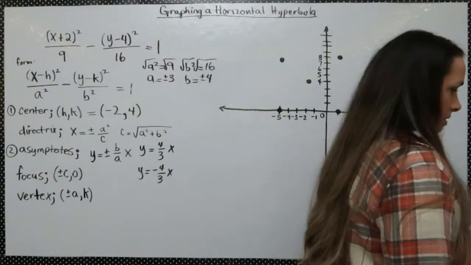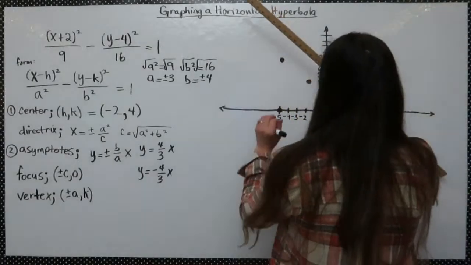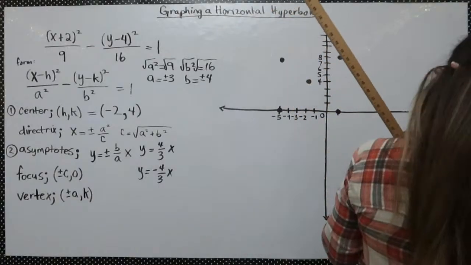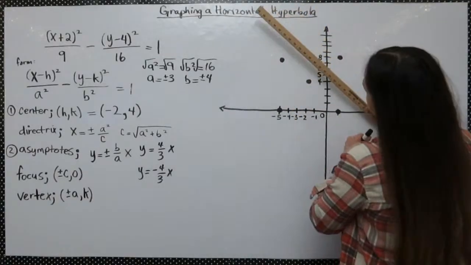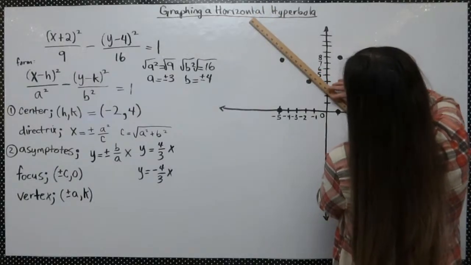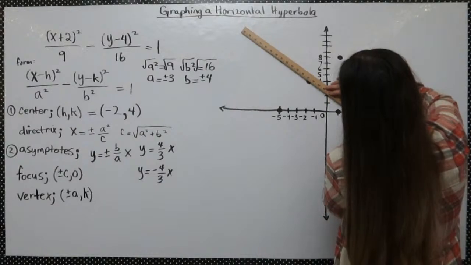Okay, so let's go ahead and see what it looks like. Me sketching a graph on live television that I've never done before, but at least it's not TV, it's just YouTube, but still. All right. I want to use this so I can get pretty close.